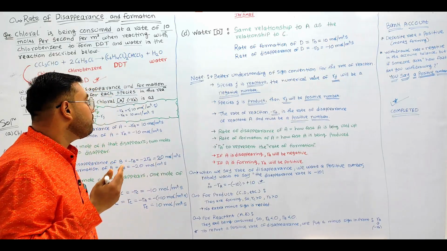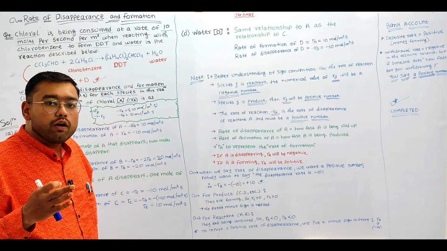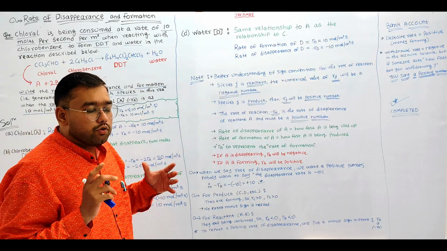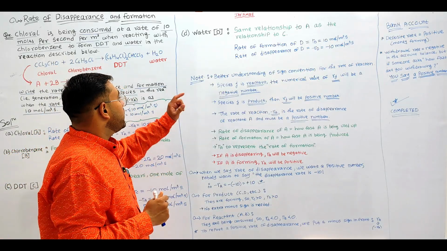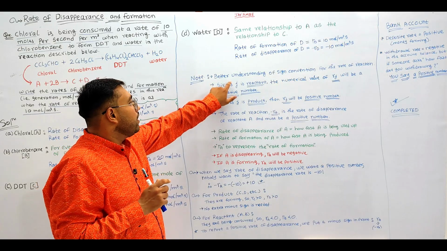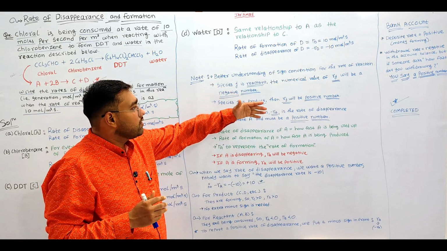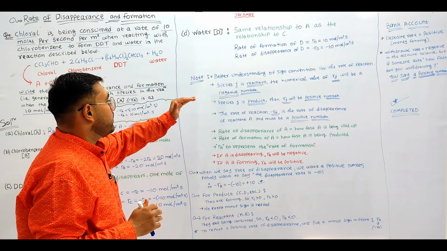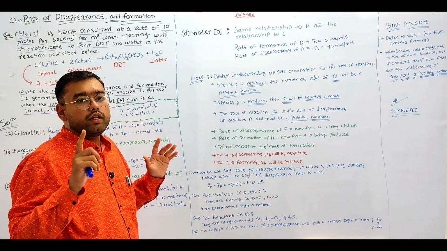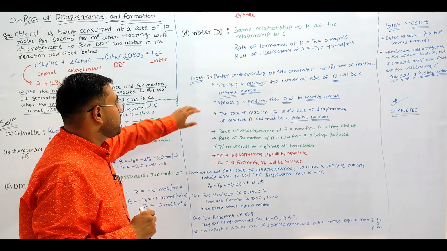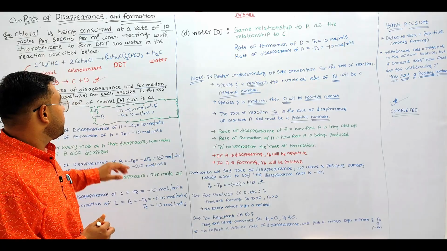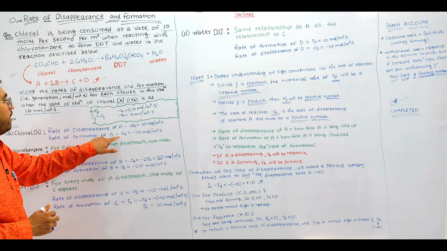So let's say we have some important notes which we have to understand for better clarification. For better understanding, these are the sign conventions for the rate of the reactions. Firstly, from the reactant point of view, let's say species J is a reactant.